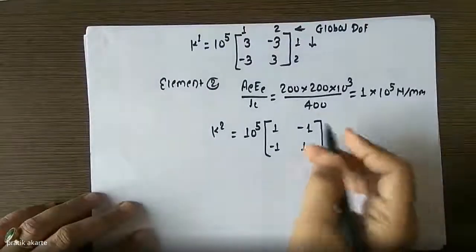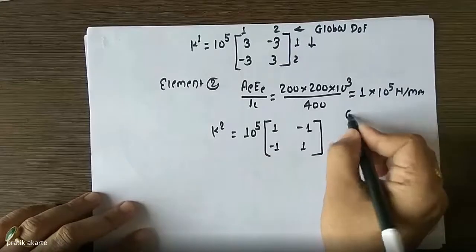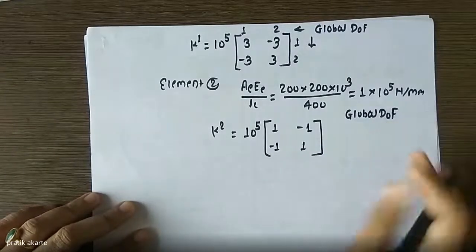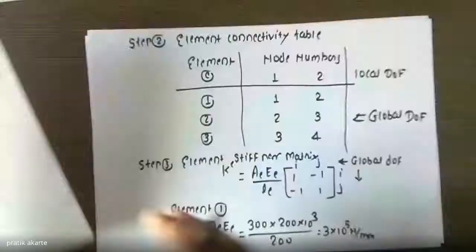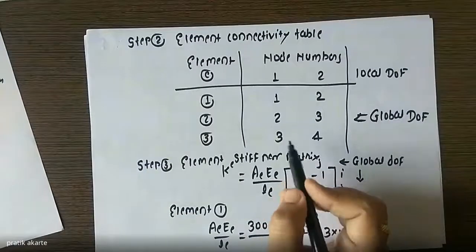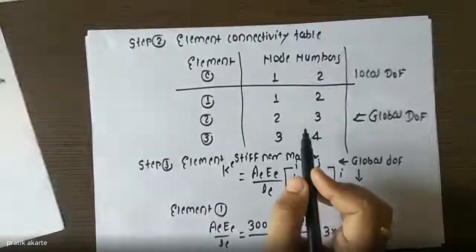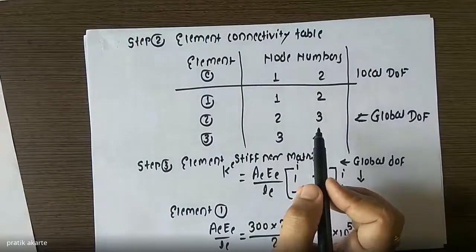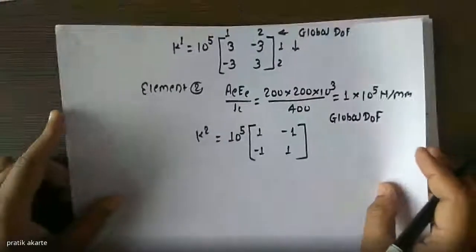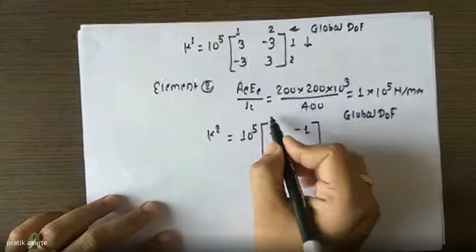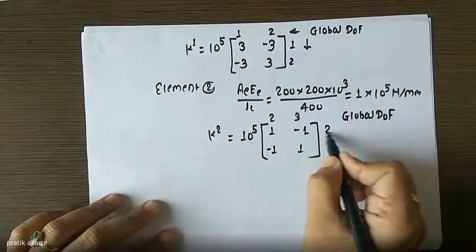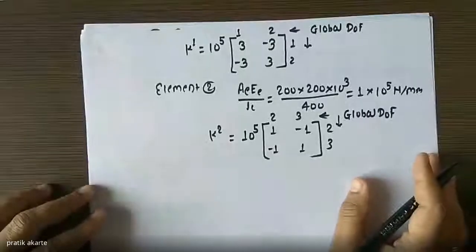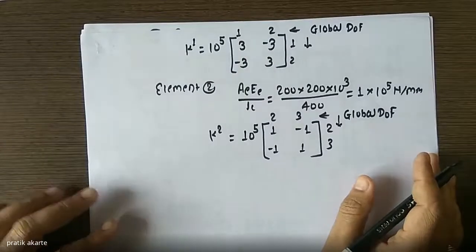Okay, now what can we write for the global degrees of freedom? Based on the element connectivity table, we can write 2, 3 and 2, 3. Okay, so this is our second element stiffness matrix.